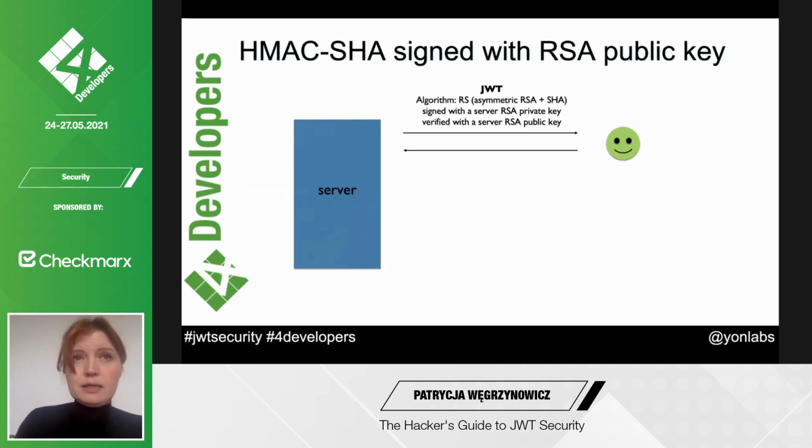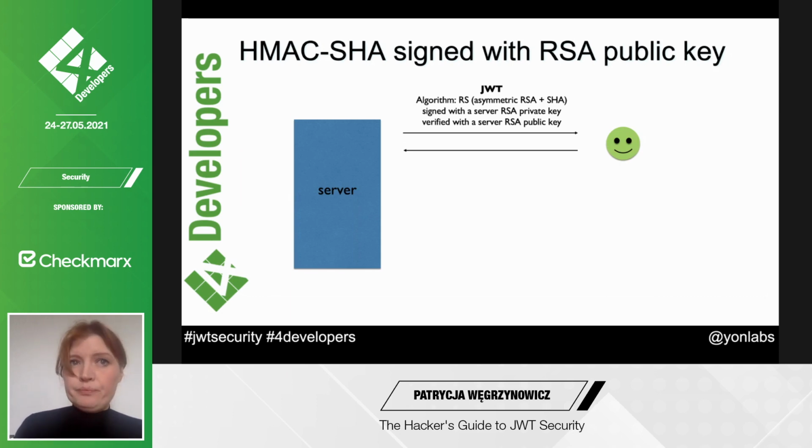Let's take a look at the attack scenario. For a regular user, the server generates a token signed with a server RSA private key, and the server verifies the sent token with a server RSA public key.